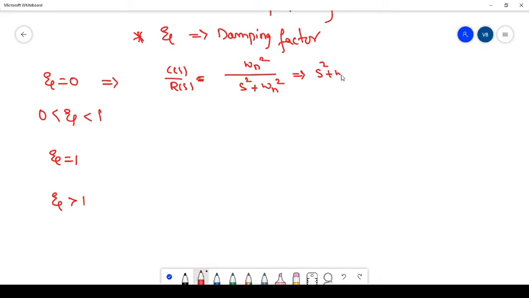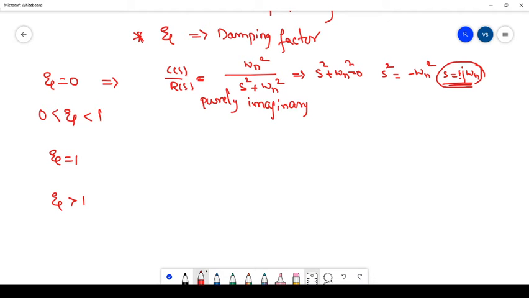S square plus omega n whole square equals 0, that is, S square equals minus omega n square. Nothing but S equals plus or minus j omega n as the roots. Is there any real term? No. So at zeta equals 0, the roots are purely imaginary.